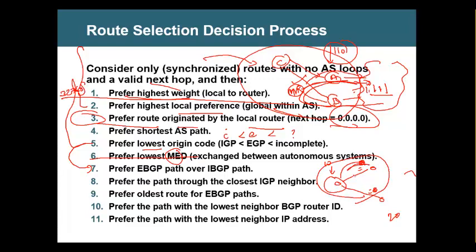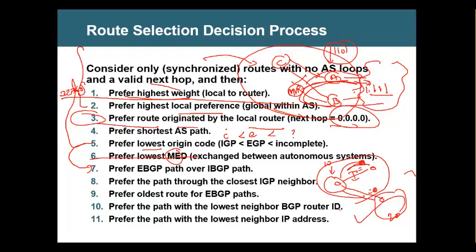These two are having an IBGP relationship. And these two are having EBGP. These are different routers. So instead of going via IBGP, it prefers the EBGP path. Again, I'm telling you, only if there's a tie in the above.